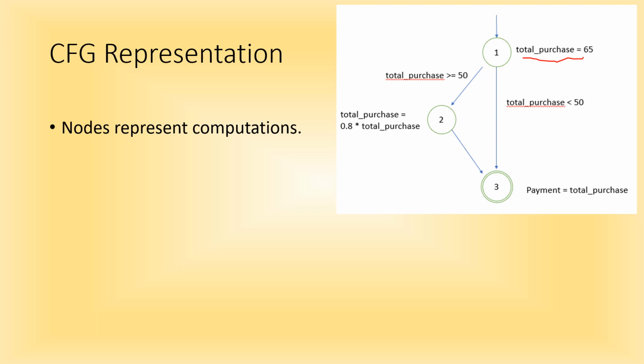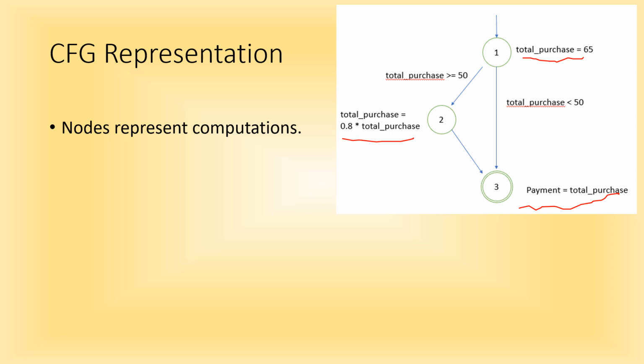This is a computation. At node number two, we are applying a discount of 20% on the total purchase. At node number three, we are setting the value of final payment to the current value of total purchase.